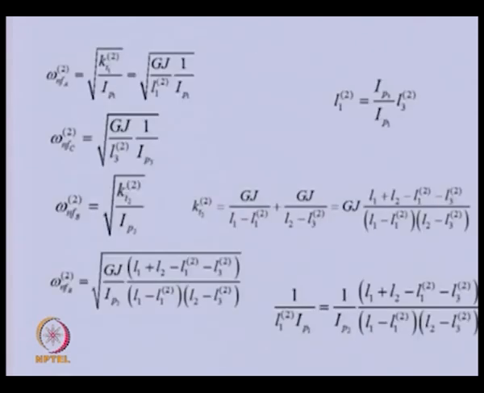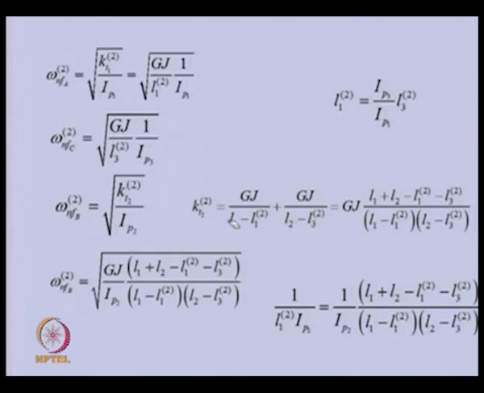So, this natural frequency we are writing in terms of the torsional stiffness of the shaft and the polar moment of inertia of the disc 2. So, for the fixed case, this torsional stiffness of the shaft in terms of unknown lengths we can obtain like this.